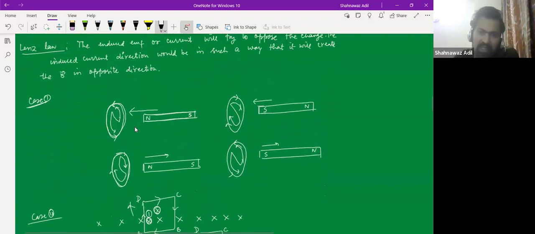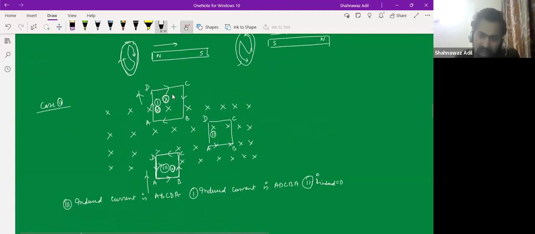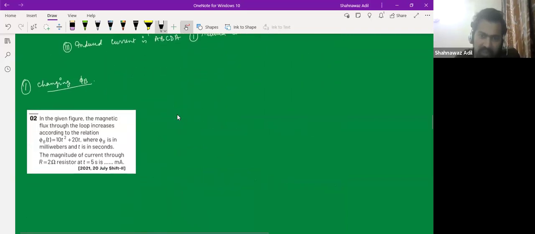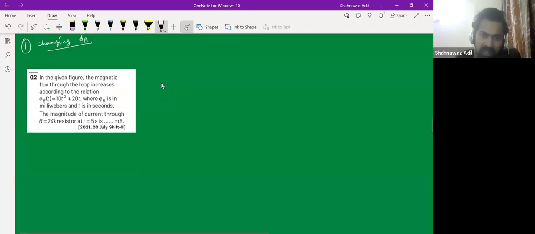And this Lenz's law we have already discussed, that if the north pole is approaching, then what should be the magnetic pole so that this change will be opposed, right? So we can do this problem now.